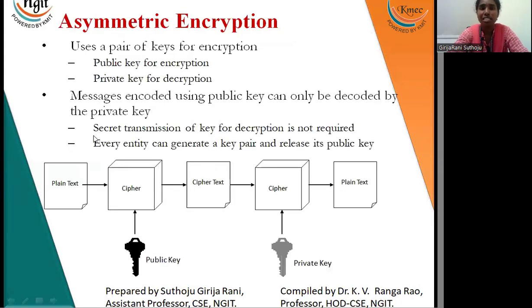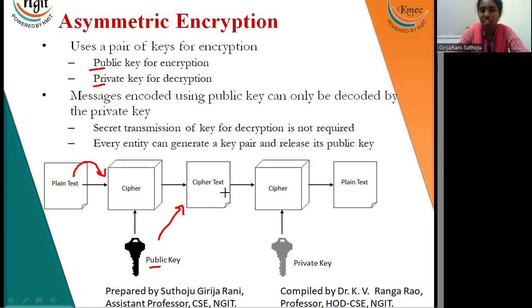Now, always we are discussing what this is first. Asymmetric cryptography uses a pair of keys, where the pair has one public key and one private key. If our plaintext is encrypted with the public key, then the ciphertext is generated, right?